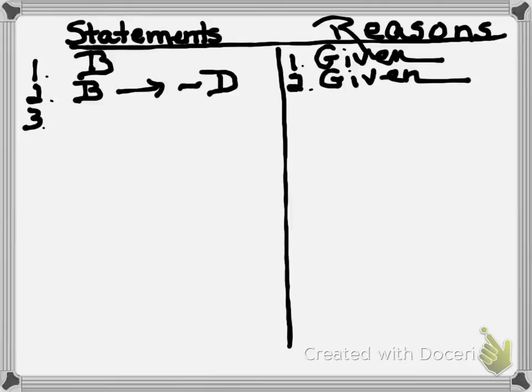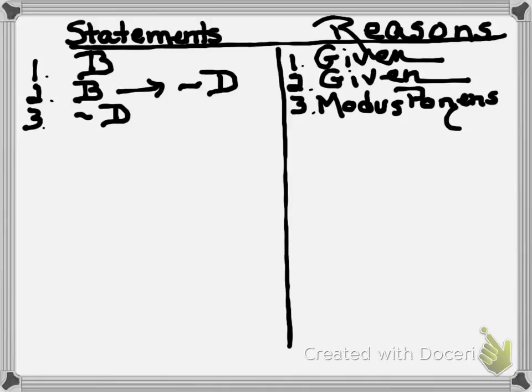So by modus ponens, our conclusion is not D. And then we put the line numbers, and this is required to show what line numbers we used to arrive at this conclusion. Okay?